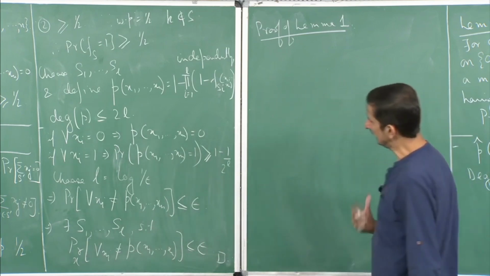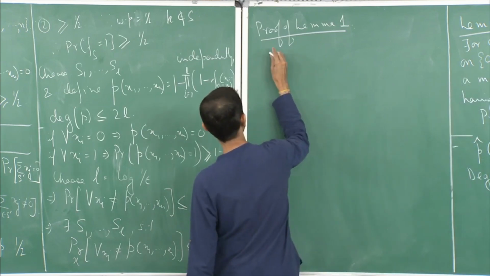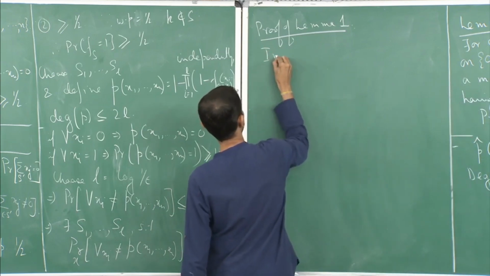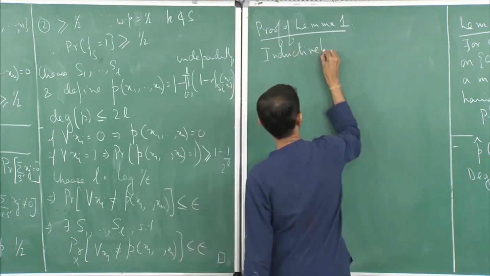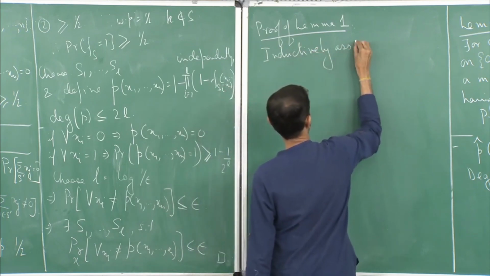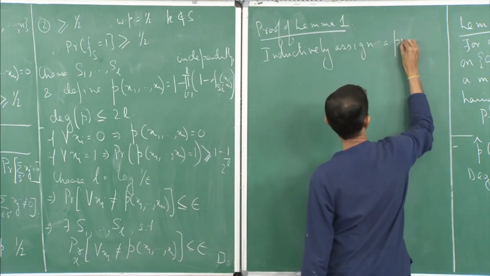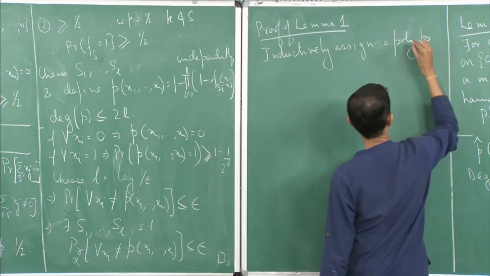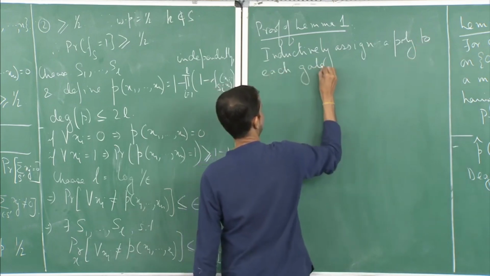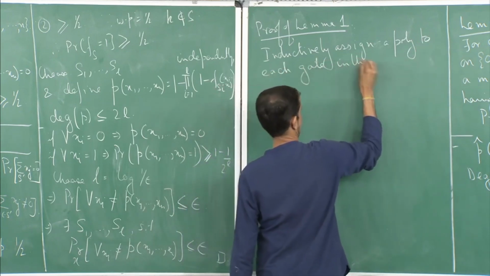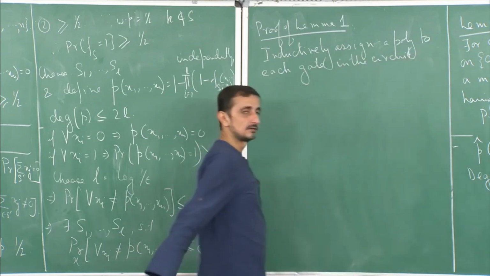So, as I said, our proof will be basically for each gate. What we do is we inductively assign a polynomial to each gate in the circuit.